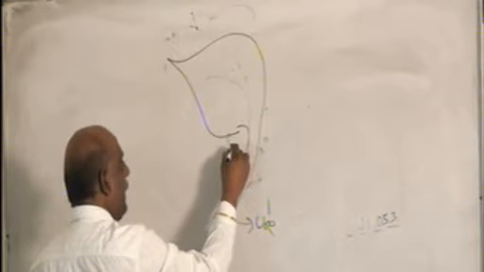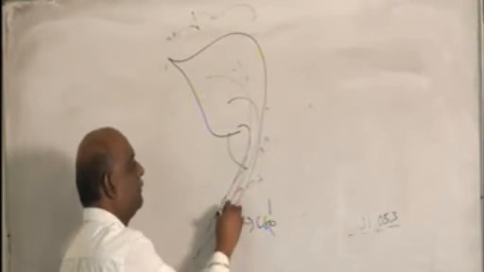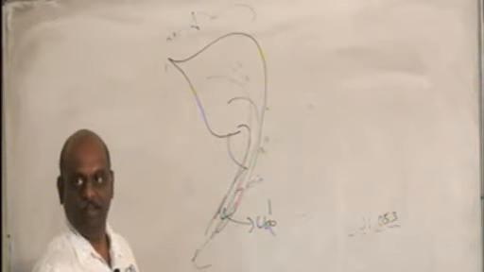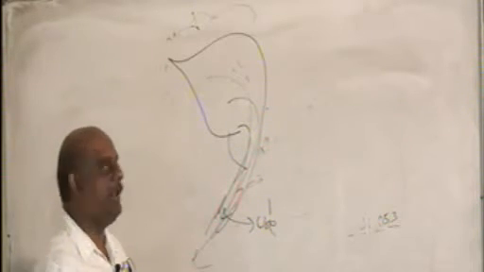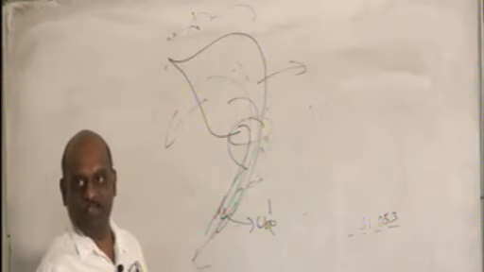This urethrovesical angle, if it is maintained, that prevents incontinence. Those who are very elderly with a ligamental laxity, etc., they lose this urethrovesical angle.